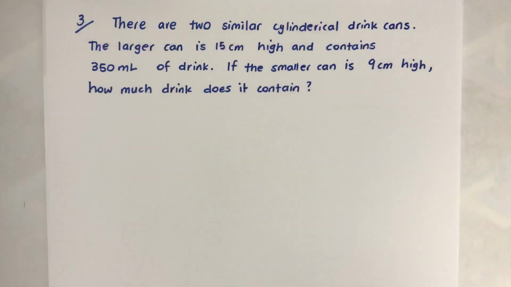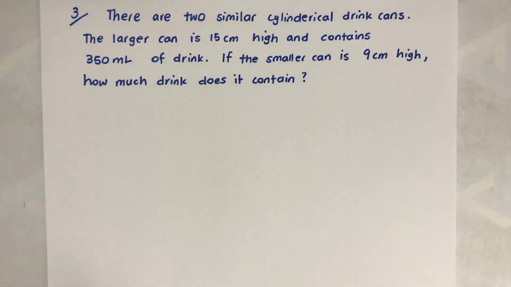Now question 3. There are two similar, this is another sort of cylinder question, cylindrical drink cans. The larger can is 15 centimeters high and contains 350 milliliters of drink. If the smaller can is 9 centimeters high, how much drink does it contain?